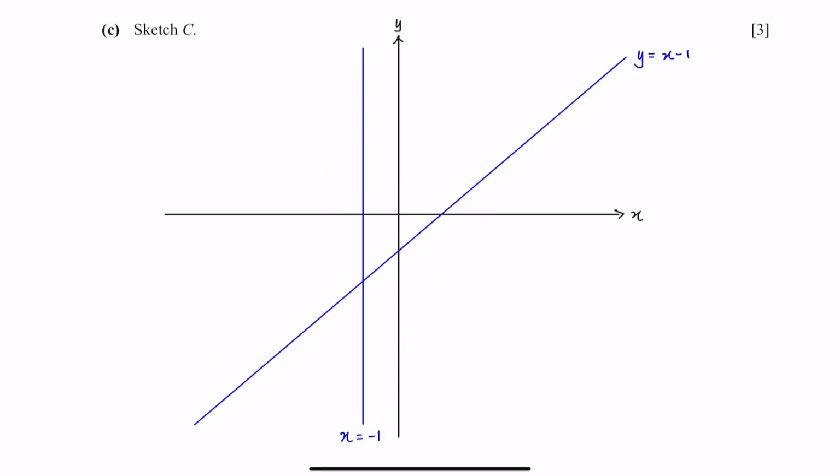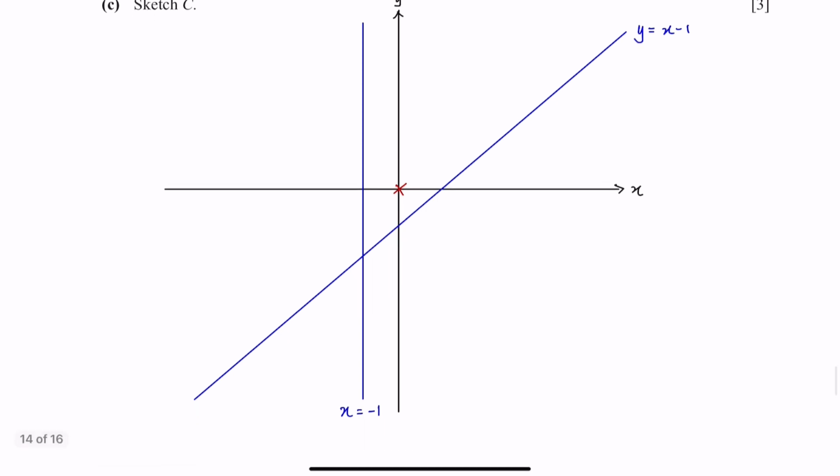Now we know that the stationary points are 0, 0 and negative 2, negative 4, which is here, negative 2, negative 4. So it's around here, I would say. Not very accurate, but sure.